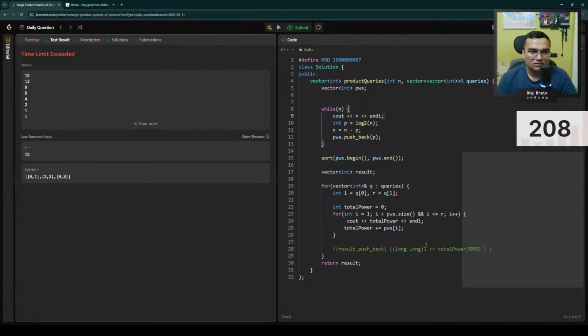Yeah, 15, 12. Log base 2 in C++. log2(x), floating, integer log base 2, static cast int. Why is it P3? Oh, shoot. One left shift P.